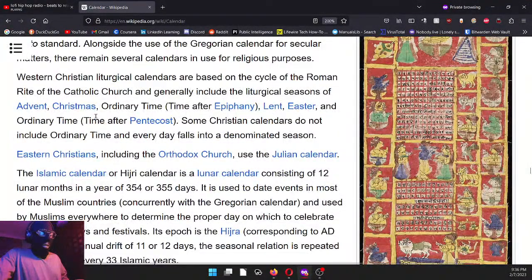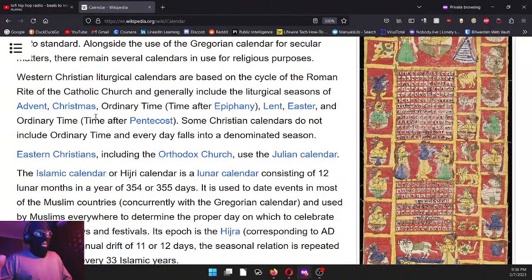Western Christian liturgical calendars are based on the cycle of the Roman Rite of the Catholic Church and generally use the liturgical seasons of Advent, Christmas, Ordinary Time, Epiphany, Lent, Easter, and Ordinary Time after Pentecost.